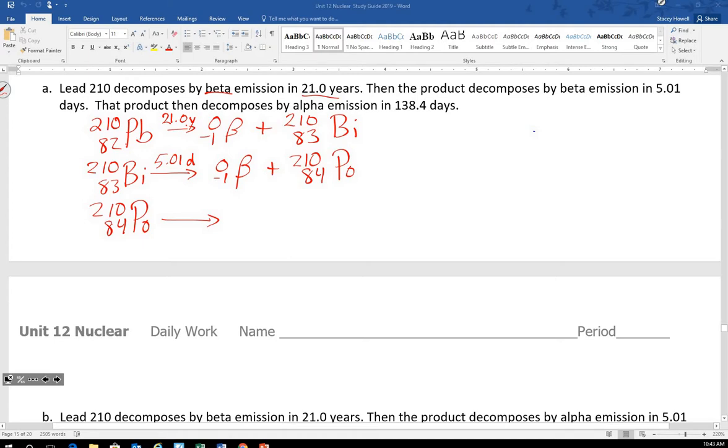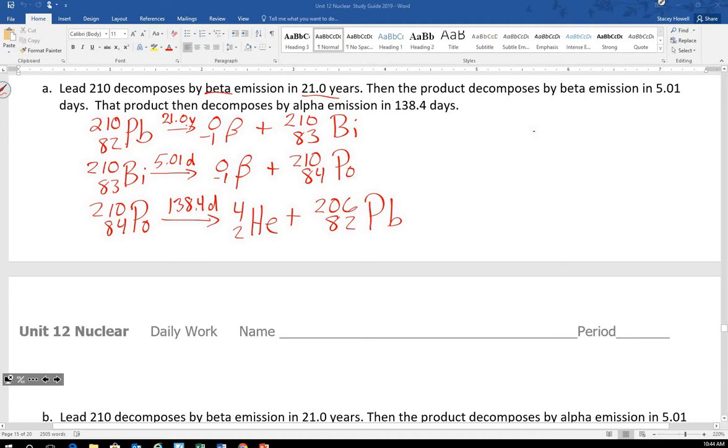Decomposes by alpha. What's an alpha? 4,2 helium. And 138.4 days. Plus, what else am I going to have on the far side? 206, and what's on the bottom? 82. And it should be lead again, but a different isotope of lead.